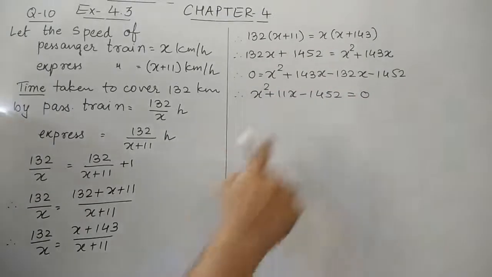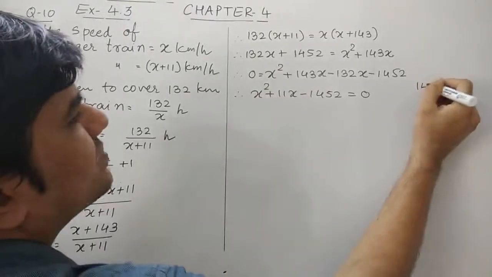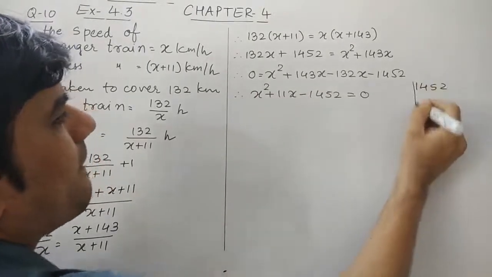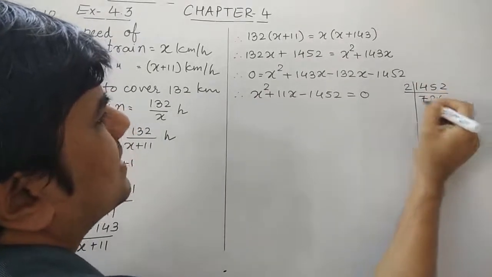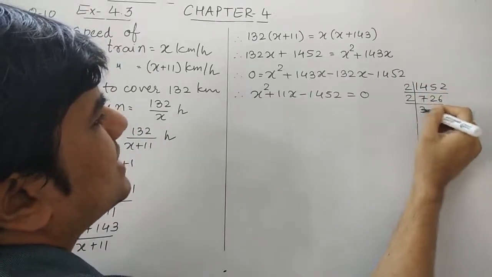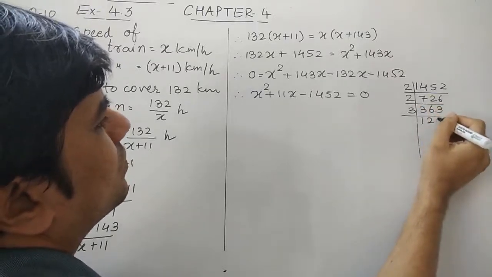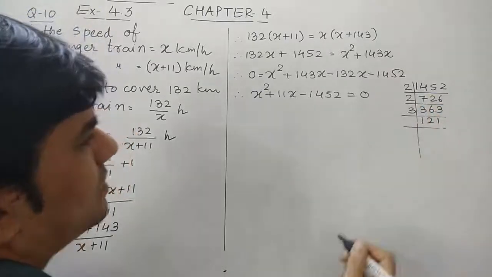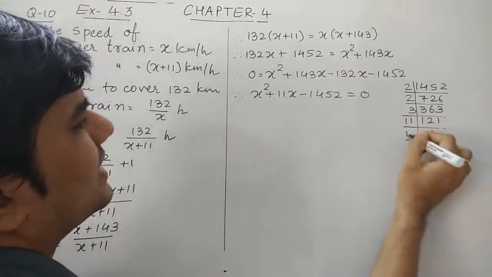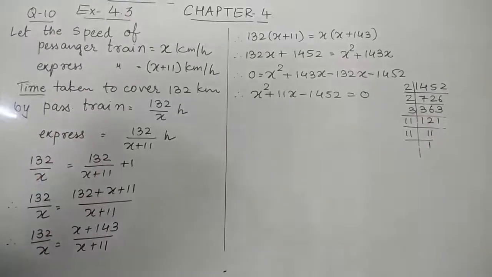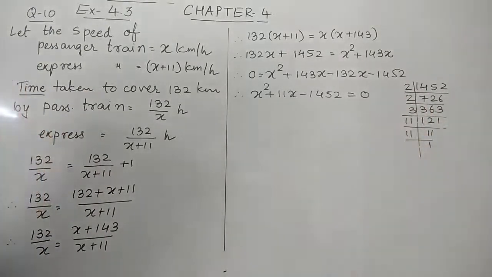Now obviously we have to find the factors of this. By subtraction we have to get 11. So let's find the factors of 1452. 2 7s are 14, 2 2s are 4, 2 3s are 6, 3 3s are 9, 3 1s are 3, 1. Now it won't be divisible further, it is the square of 11: 11, 11 and 11 ones are 11. So here the prime factors are 2 into 2 into 3 into 11 into 11.